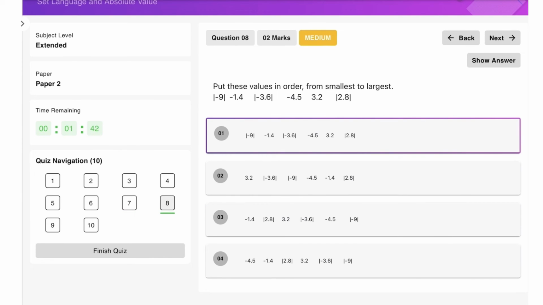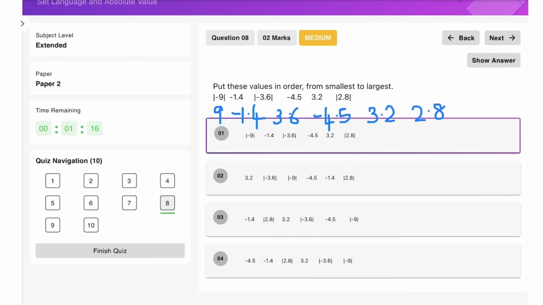Okay, and then another one with putting these values in order from smallest to largest. So again, let's just jot that down. So this is going to be 9. This is going to remain as negative 1.4. This is going to become positive 3.6. Again, negative 4.5 will remain the same. 3.2 remains the same. And 2.8 does not change when the modulus is applied.